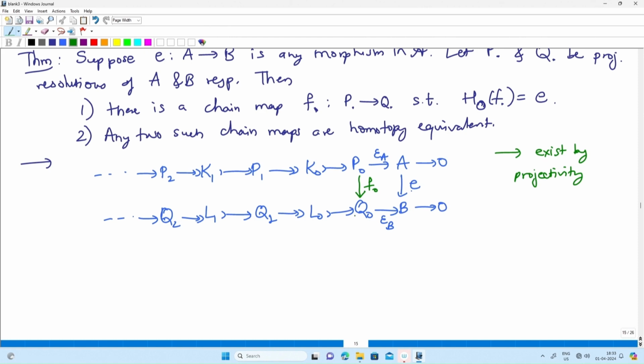So therefore this way is 0. So then what can you say? That this F0 followed by this kernel map, that must factor through the kernel of epsilon B. So therefore that's your next factorization. So the red arrow exists by factorization through kernel.